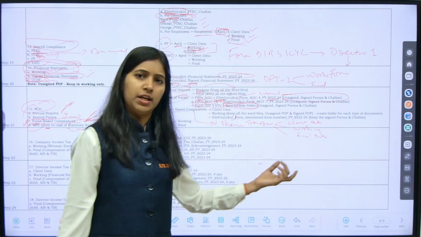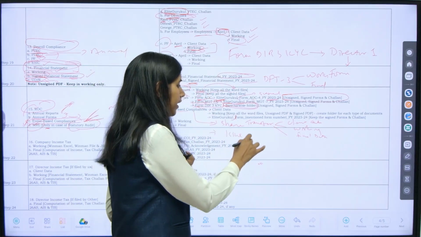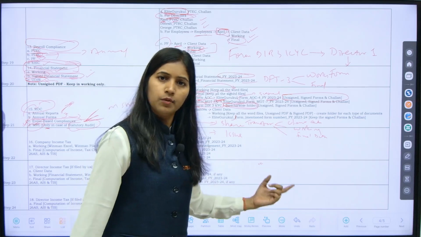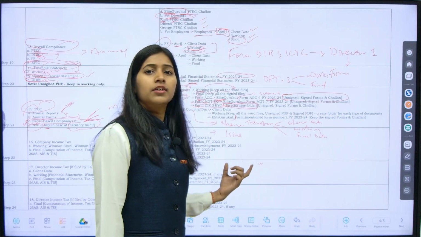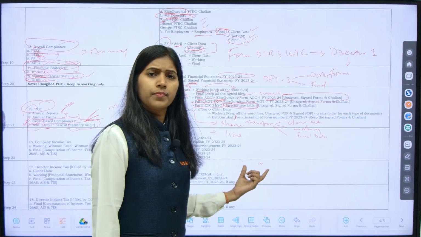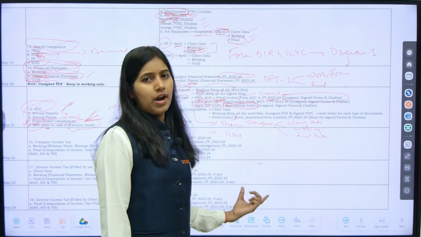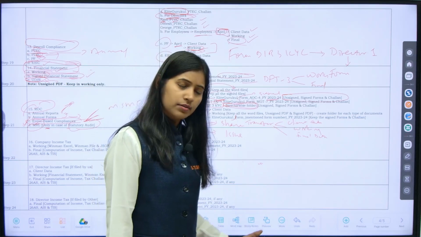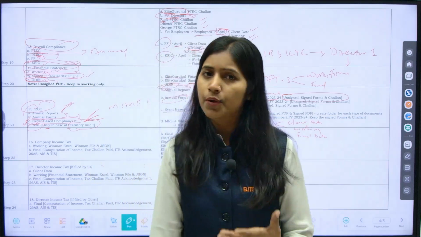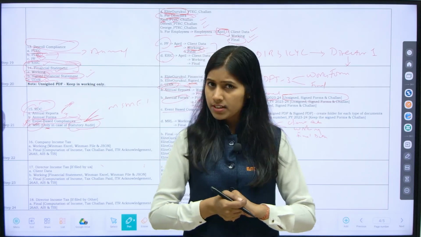The final folder you will keep here. If you have issued shares to somebody, again client data, working, final. If you appointed a director, again client data, working, final. If you have changed the auditor, again client data, working and final. So this is how you are supposed to create folders for each event based compliance.